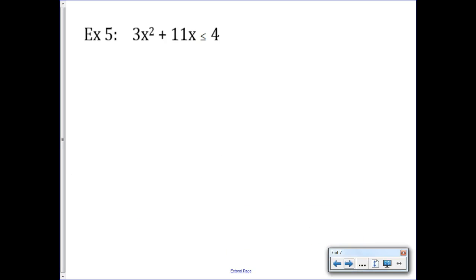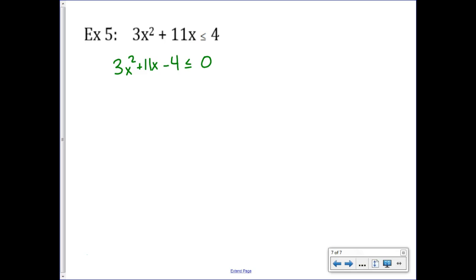All right, let's try another one here. So 3x squared plus 11x is less than or equal to 4. So I'm going to put everything over on one side. So 3x squared plus 11x minus 4 is less than or equal to 0.